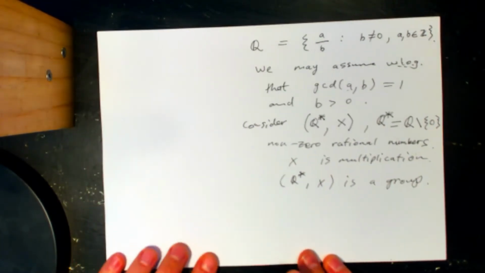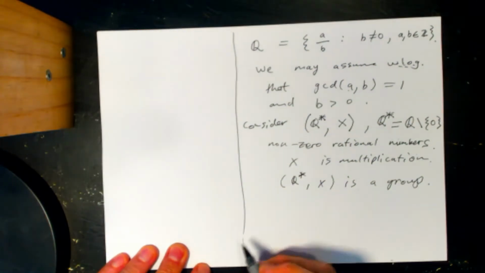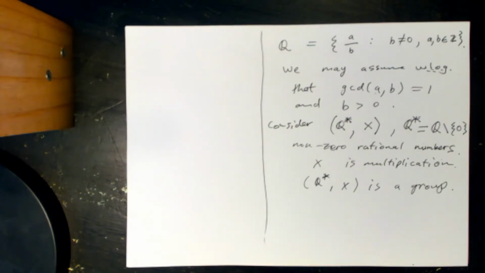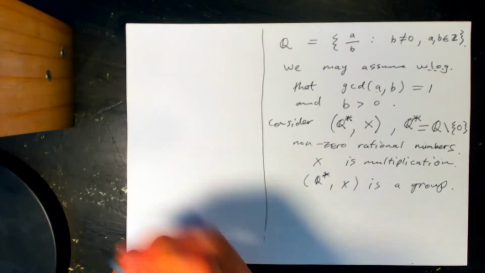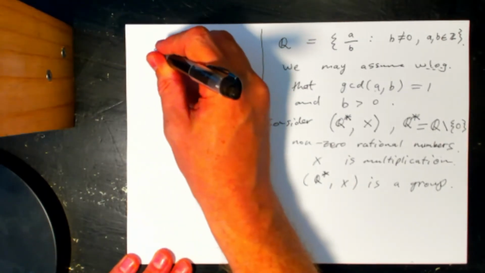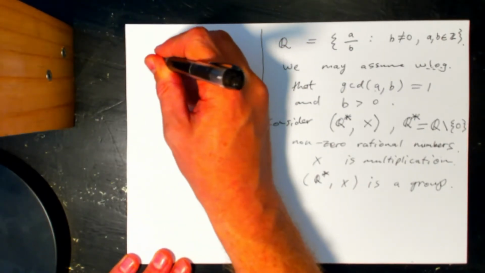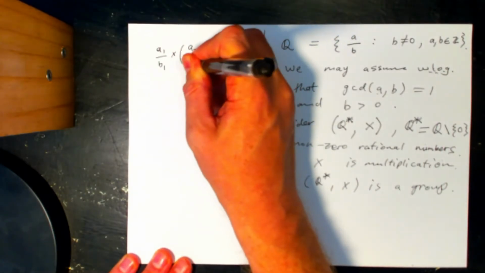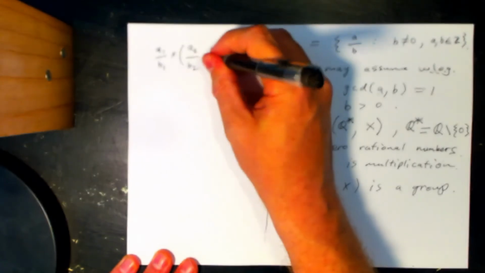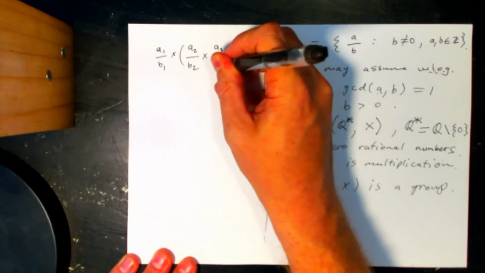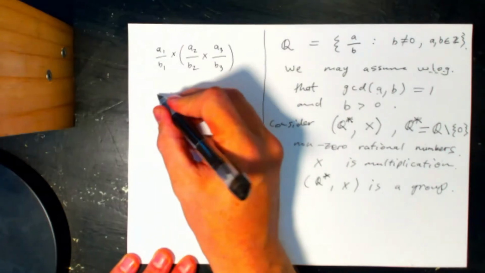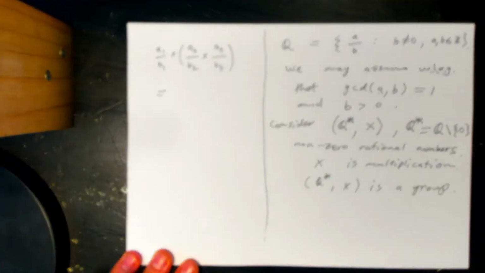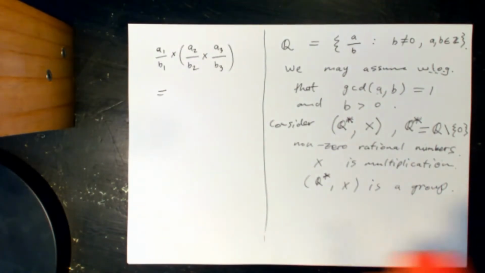Okay, and so what we have to do, now I'll just draw a line here and I'll write on the left-hand side. Do we have associativity? Well, yes, we do. Let's say A1 over B1 times, in brackets, A2 over B2 times A3 over B3 is equal to, now we don't often write these brackets when we're just taking a product of fractions, right?